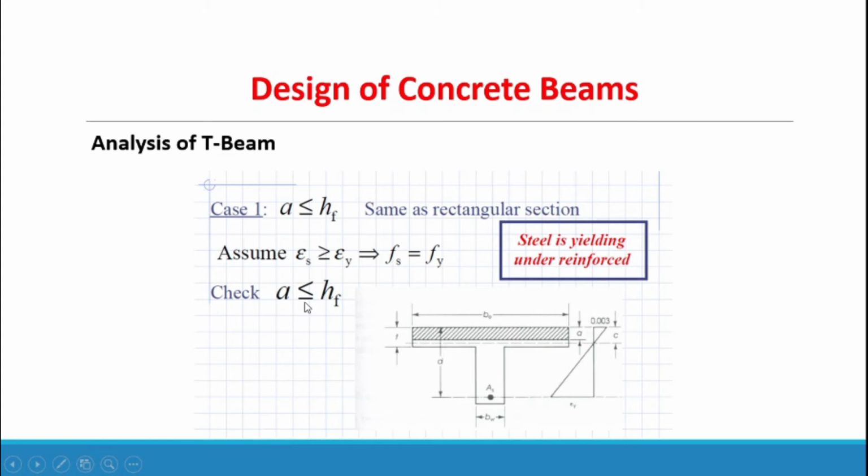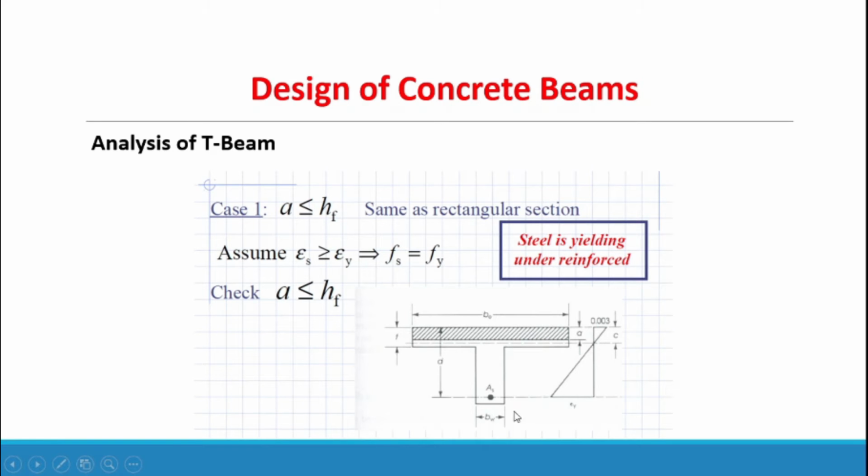And check for a that is less than or equal to hf. The effective flange width is B, and the thickness is t, and the effective depth d is from the center of the reinforcement bar up to the top fiber of the slab.